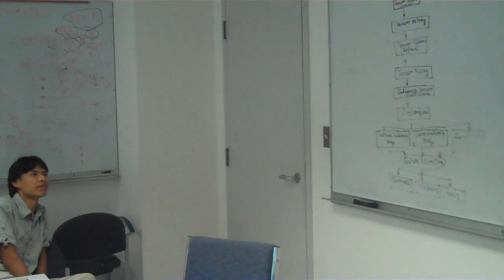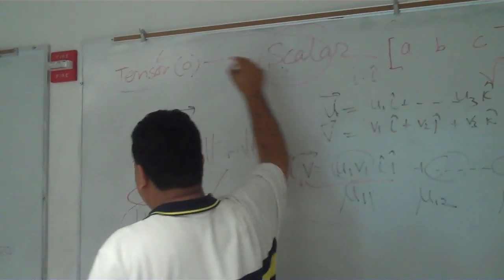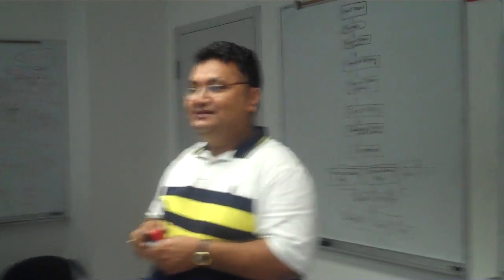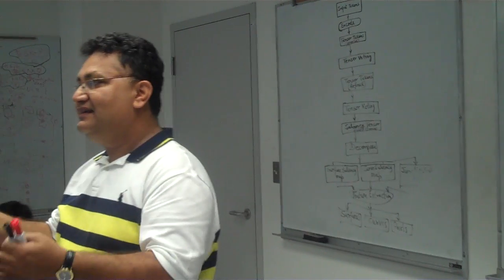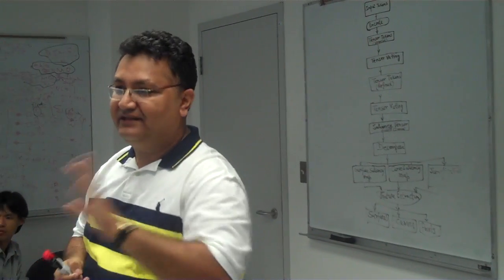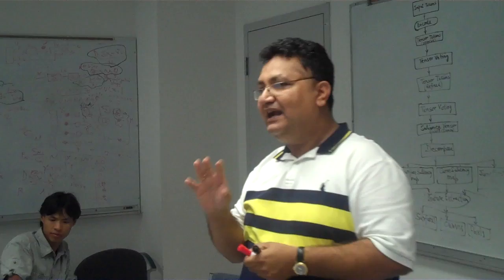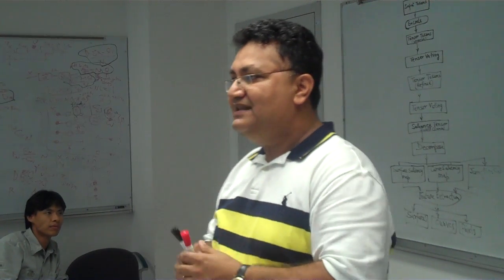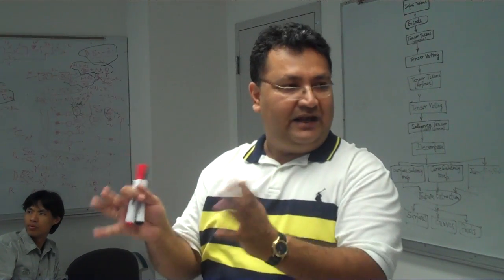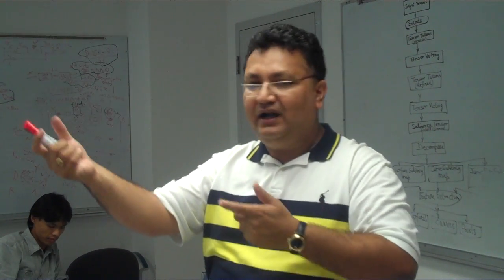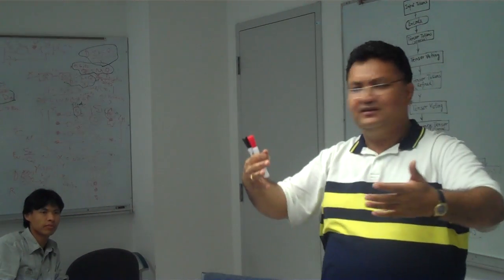I was trying to explain to you that every scalar is tensor zero? Actually, when we talk about tensors, tensor is mainly used by Einstein for the theory of relativity. If you have the basic idea of theory of relativity, it has multiple frames. One frame is stationary, another is moving, and they try to measure a quantity in two different frames.